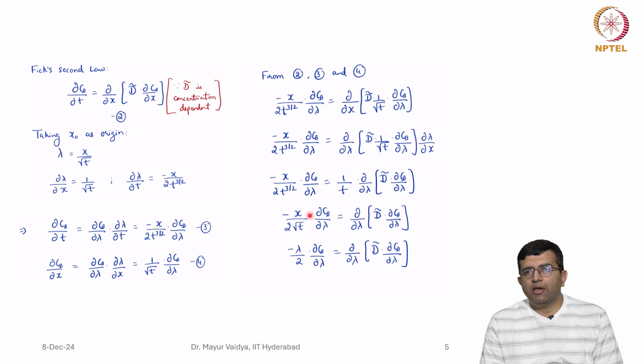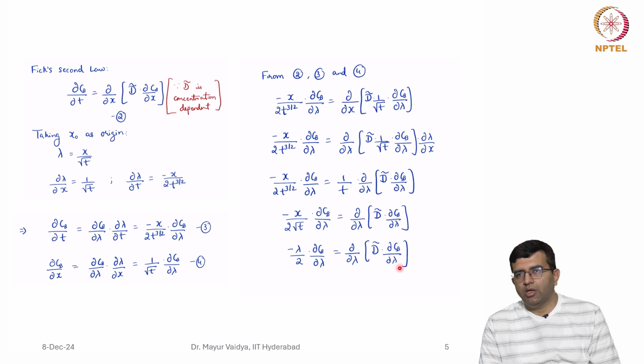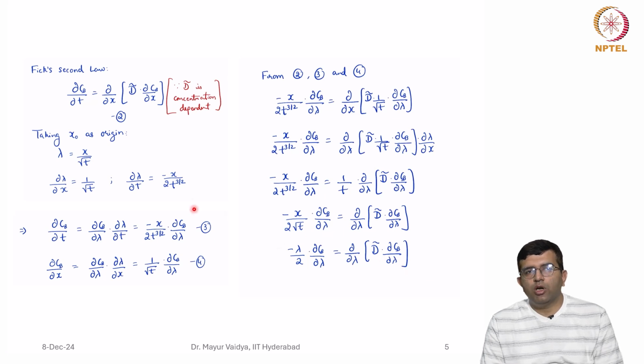So if I now write x by root t as lambda, I can write minus lambda by 2 into ∂Cb/∂λ is equal to ∂/∂λ of D tilde into ∂Cb/∂λ. So you see that what the Boltzmann transformation has done is brought the complete equation into terms of Cb and lambda.